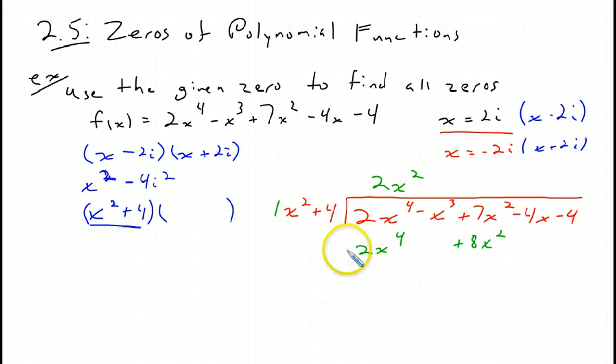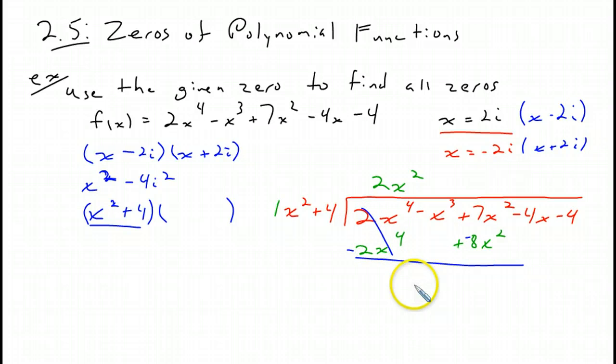And change your signs. Don't forget to subtract. So then 2x to the 4th is 0, so negative x cubed minus x squared minus 4x minus 4.